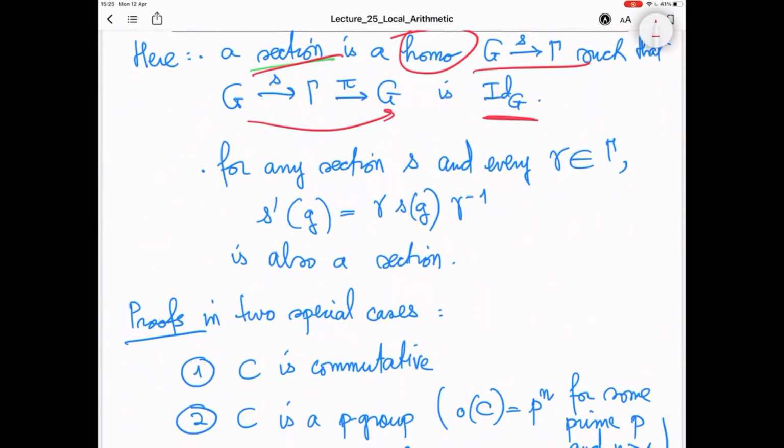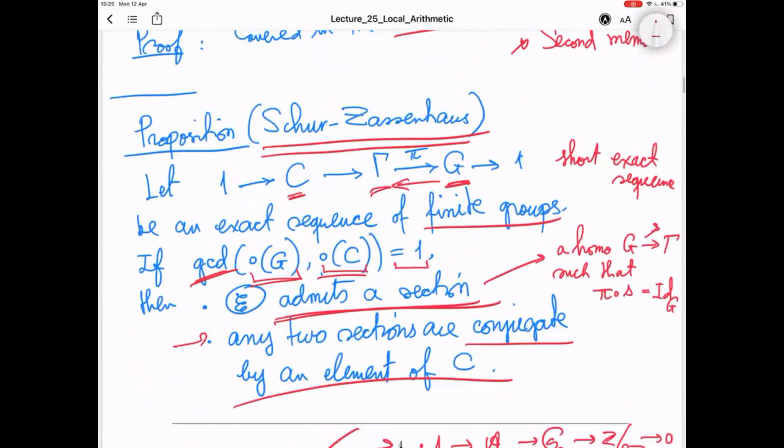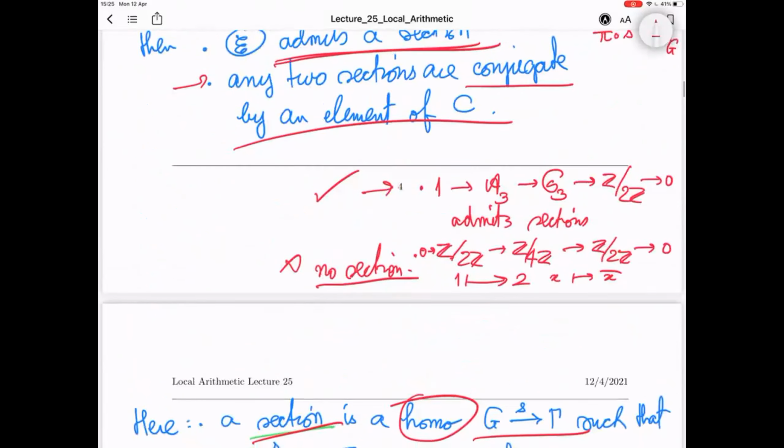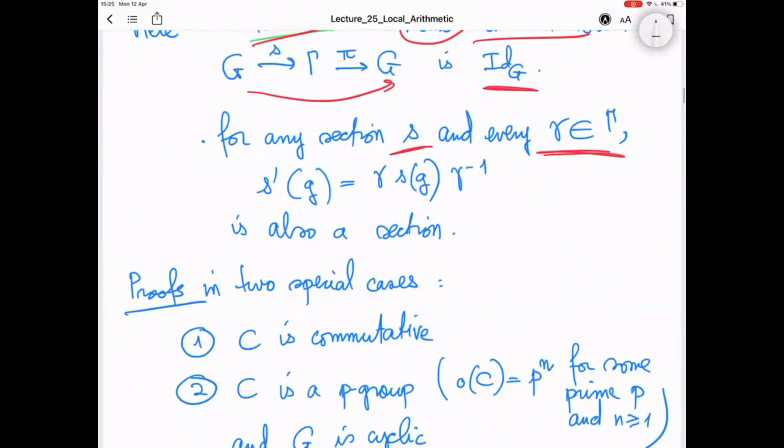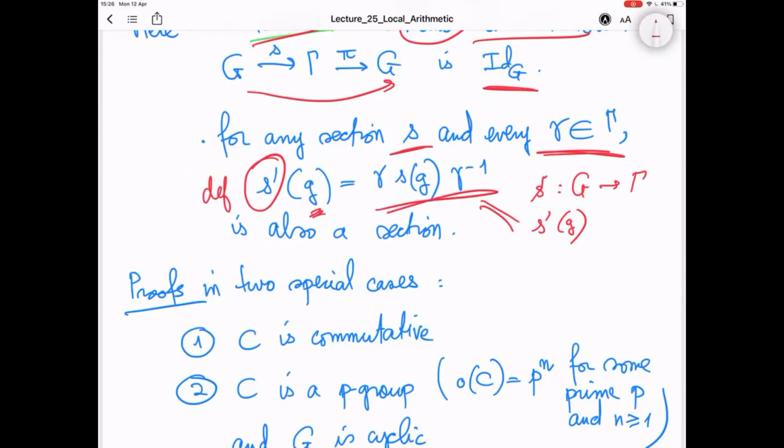And if I have one section S and I take an element little gamma in the ambient group, capital gamma, the group in the middle, and I define S prime to be a map from G to gamma, I have to say what S prime of g is, and I'm saying take it to be gamma S(g) gamma inverse, the conjugate of S(g) by the element gamma.